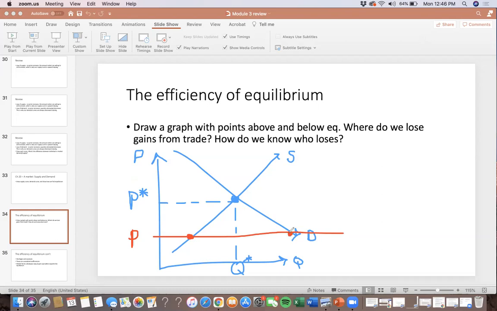So if we think this one through, where we have a super low price, suppliers aren't willing to supply too much, but at this really low price, a lot of people are willing to pay this amount for a good. So our quantity demanded is going to be a lot higher when our price is a lot lower. So this is where that disequilibrium occurs, okay? So where we have these disequilibriums is where we're going to lose those possible gains from trade.